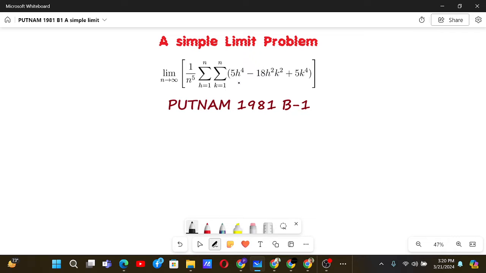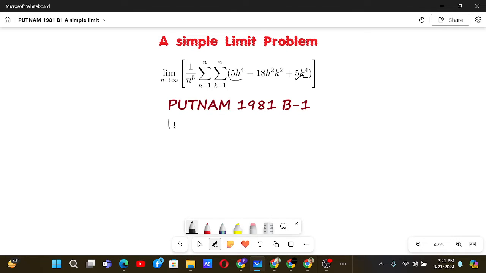Okay, so for this problem, first of all, notice that the sum as s goes from 1 to n and k goes from 1 to n of 5s to the power 4 and 5k to the power 4 basically give the same answer, because both s and k are going in the same range.